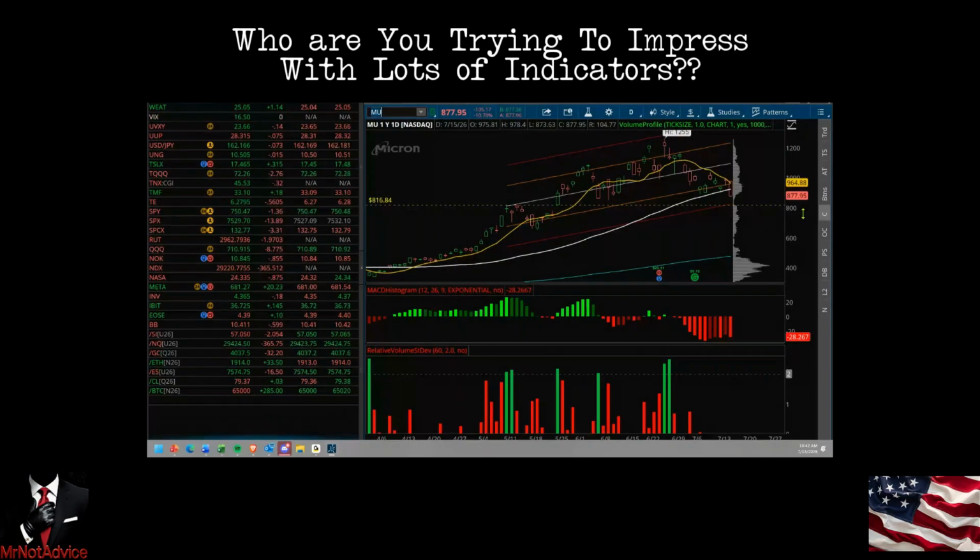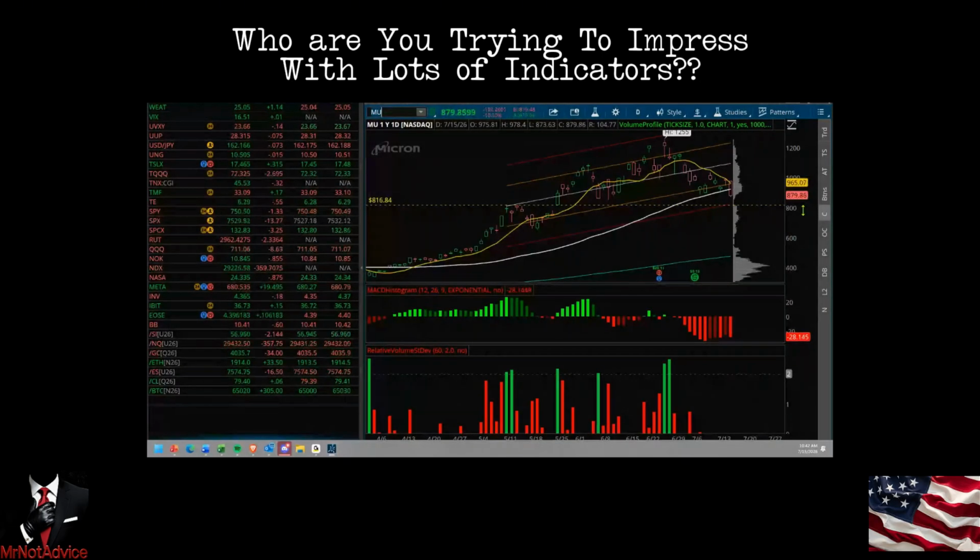I'm happy to share with you the settings for these indicators. This is what I teach my students to use, and some of them use different ones, and that's okay. But what I do stress is, look, do not dirty up your charts with a ton of indicators. All it's going to do is cloud the decision-making process and give you a false sense of either, yeah, this trade's going to go in my favor, or no, it won't go in my favor.